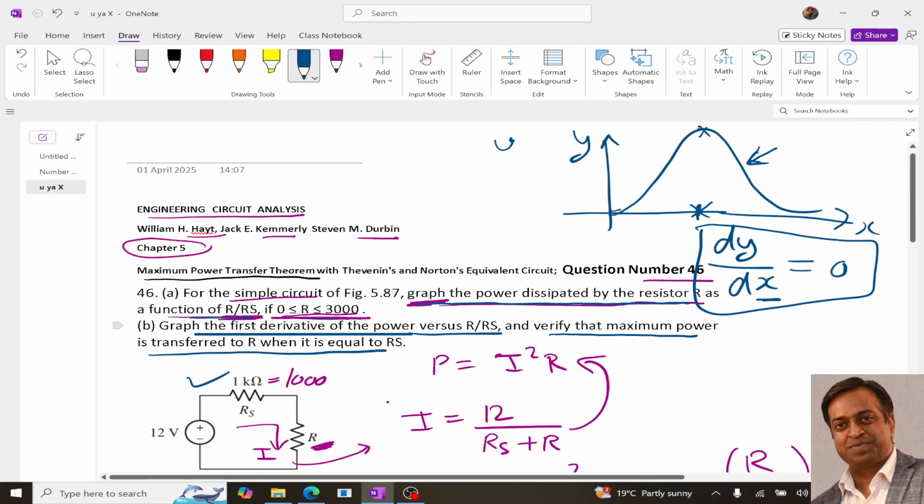So the purpose of the second part of the question is to determine the location of x graphically and also numerically. So let's check how it is going to work.